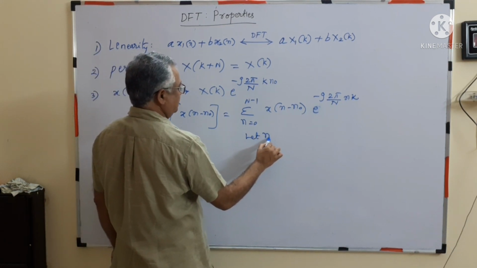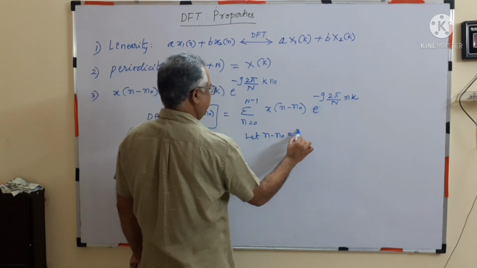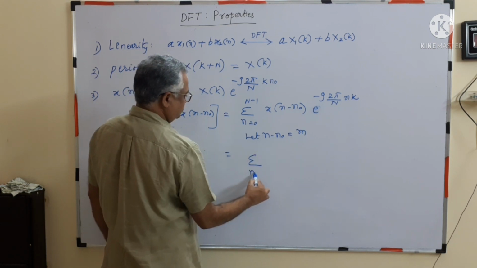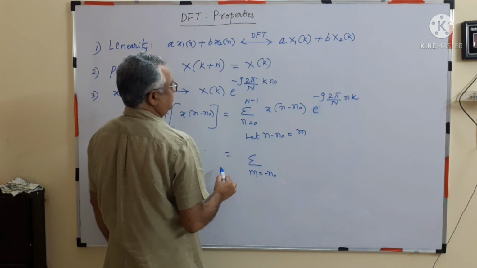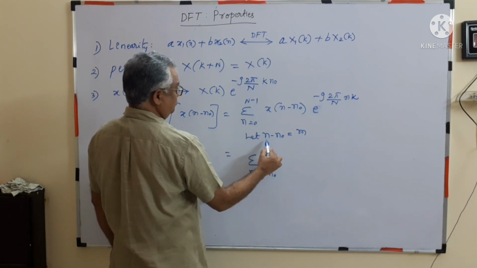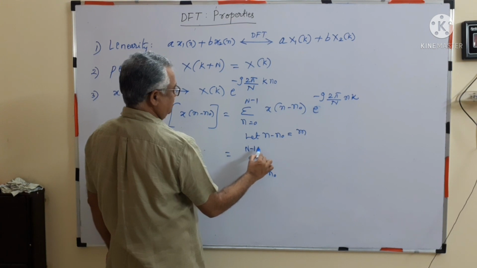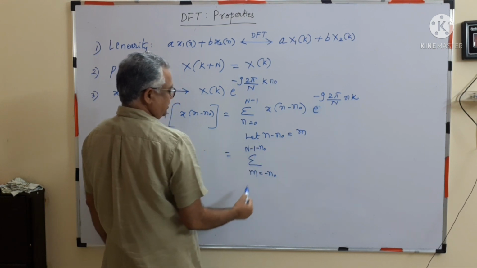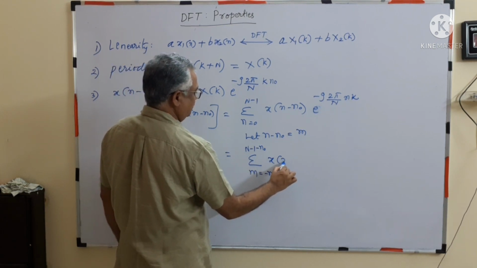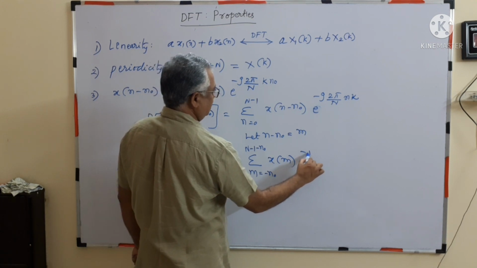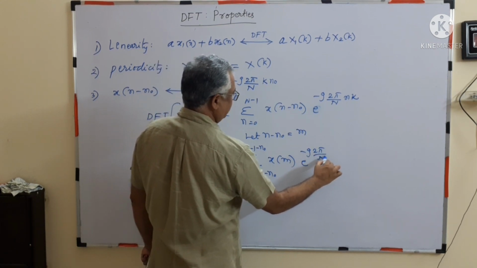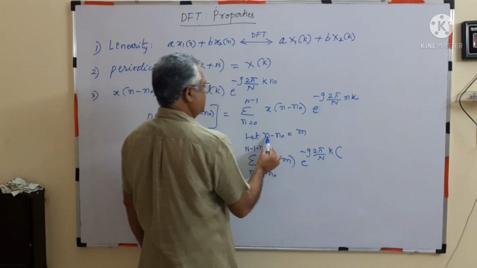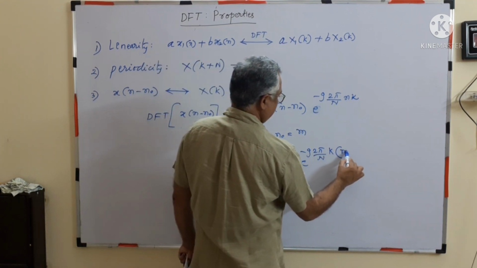Now let n minus n naught equal m. For n equal to 0, m equals minus n naught, and for n equal to N minus 1, m equals N minus 1 minus n naught. The n value is m plus n naught.